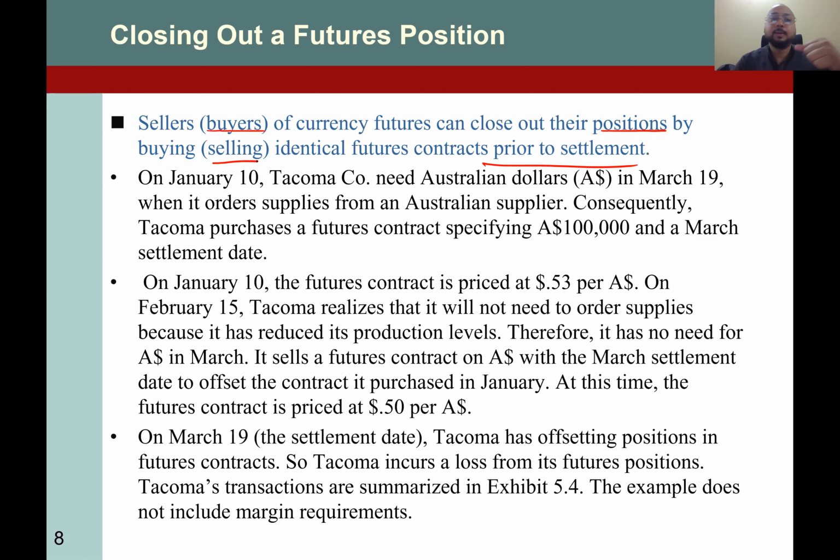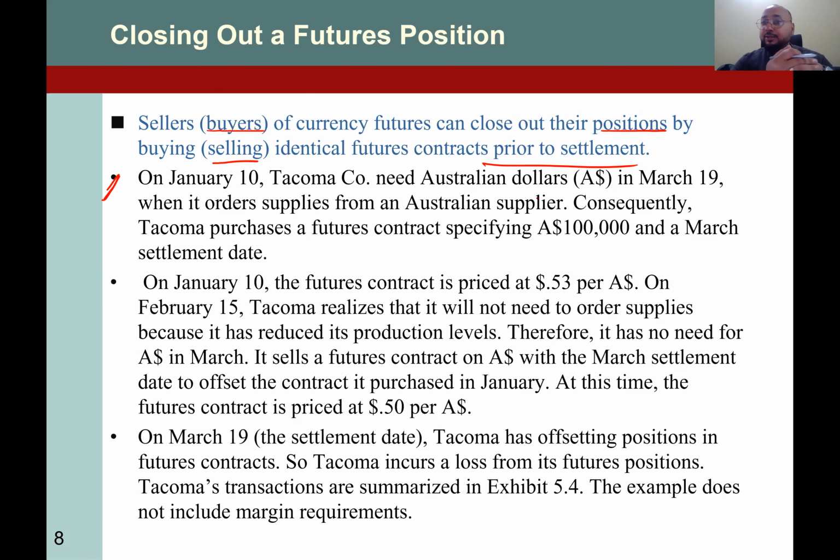Try to follow it. So let's talk about the example here. On January 10, Tacoma Corporation needs Australian dollar in March 19. So when it orders supplies from an Australian supplier, who will supply them on March 19, you will be transferring Australian dollar on March 19, right?